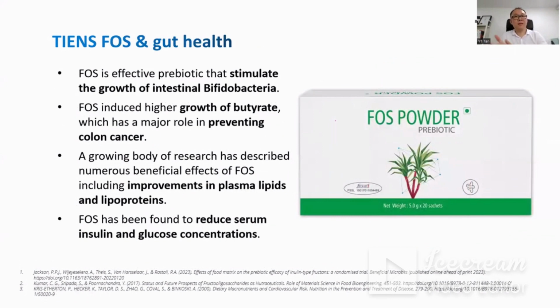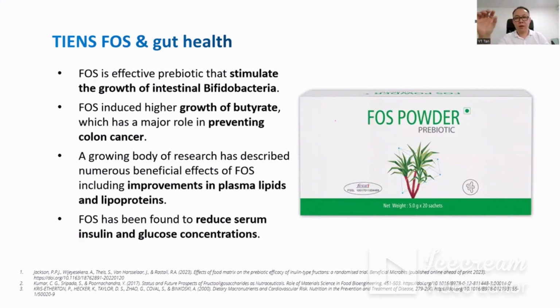And the second thing is FOS. What is the difference between FOS and inulin? Both are prebiotics, but what is the difference? FOS you can break into two words: fructose and oligosaccharide.